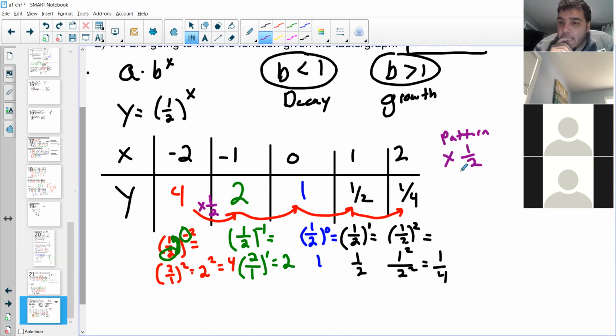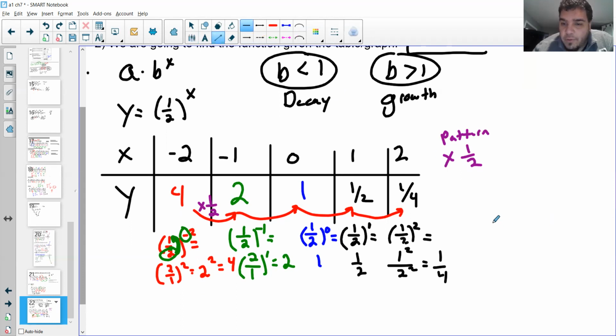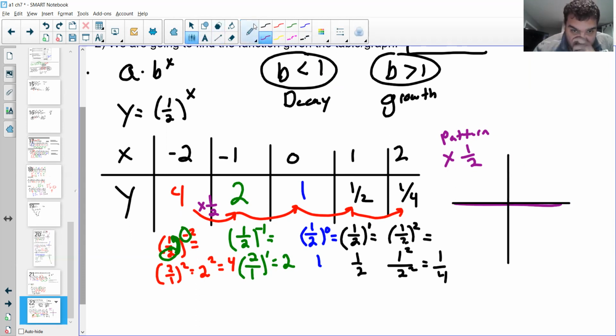Do we graph this? Yes, you could graph this, and I would ask you to graph something like this. The table would look like this. So the pattern is times 1/2. Times 1/2, yeah. That's how you want to describe this pattern. Goes up to 4, seems like. Don't really need the bottom.